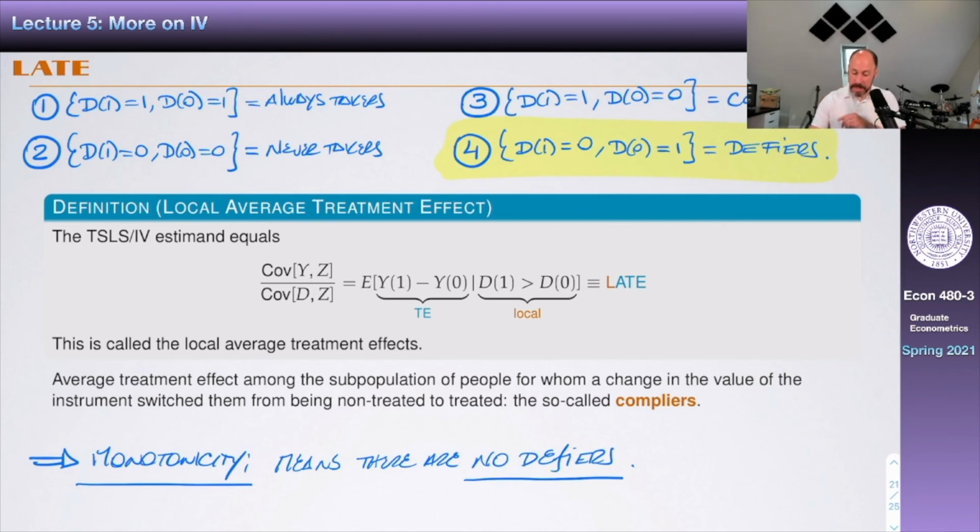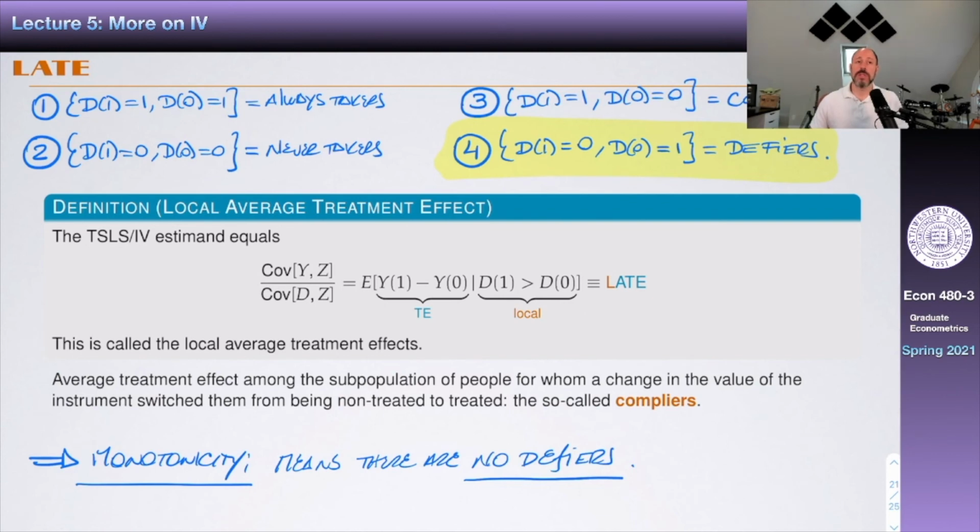As I said earlier, in some settings, assuming a condition like this is not problematic and makes sense, and you can say it's reasonable, and in some other settings, less so. So you have to think about whether, in the setting that you're studying, this is something that you are comfortable with. But the assumption is fundamental.